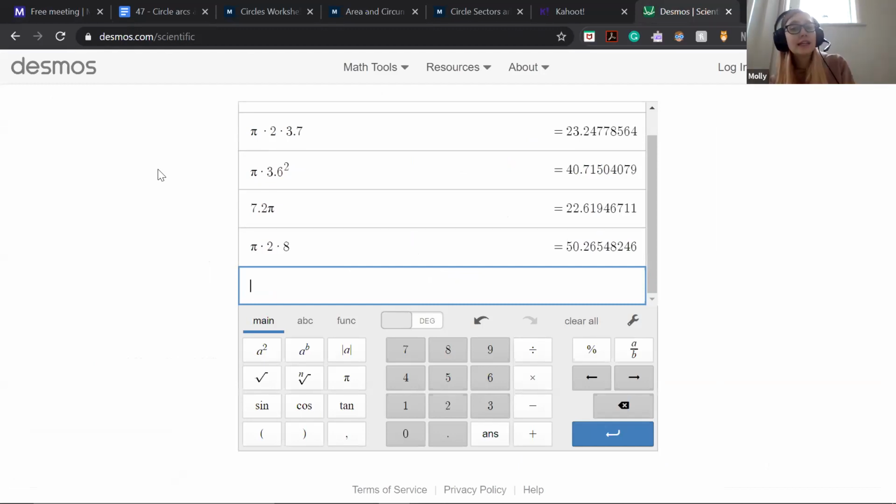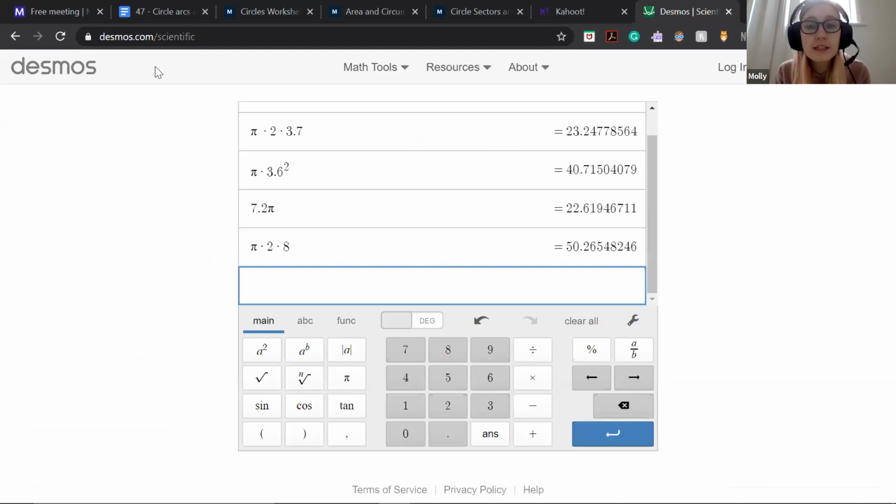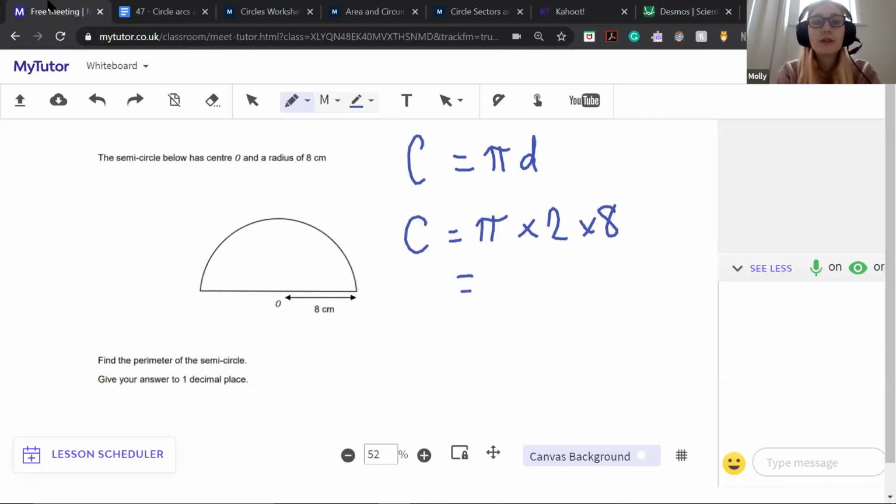I'm going to do it to 3 decimal places. Because the final answer we want to be to 1 decimal place, I would always work to at least 2, probably 3, and then round at the end. Because if you start by rounding to 1 decimal place, you could lose some accuracy. So I'm going to write this as 50.265.